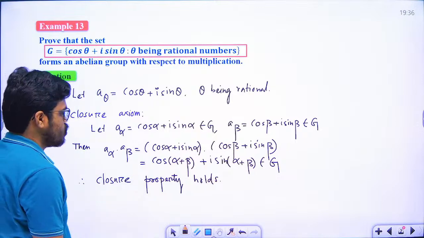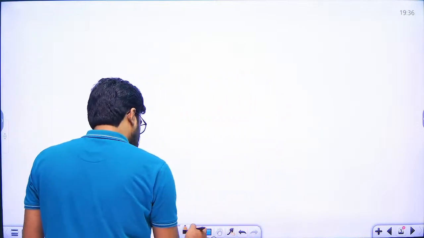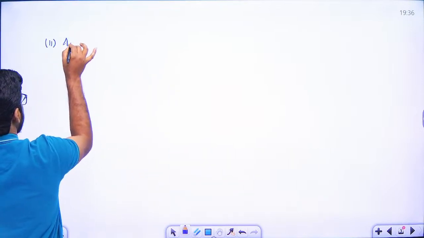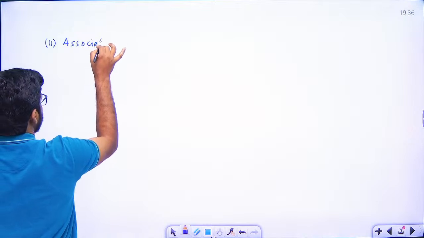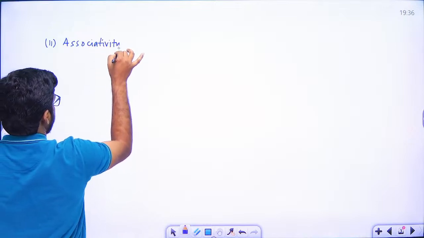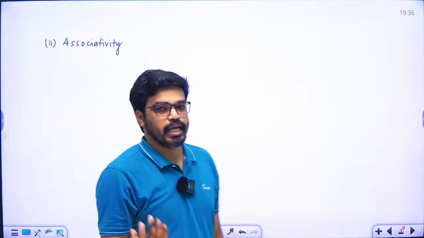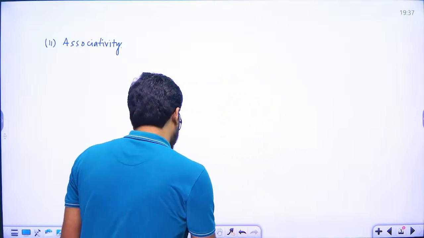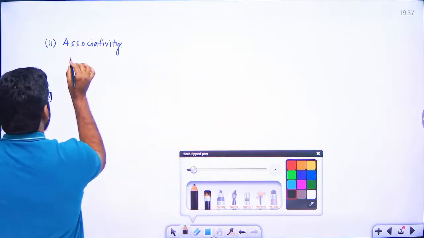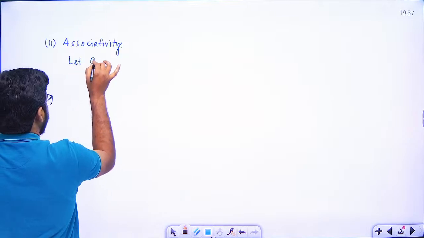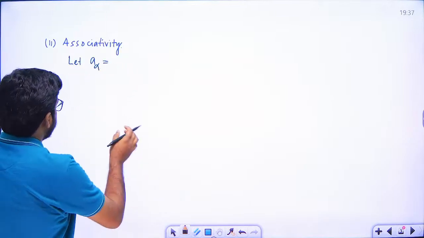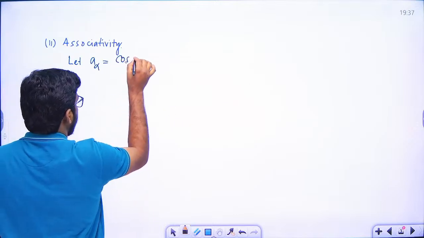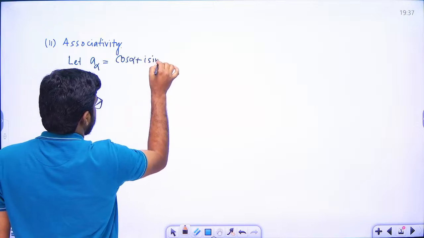Okay. So next, associativity, number 2. So we consider three elements, right? a alpha, a beta, and a gamma. So let a alpha be cos alpha plus i sin alpha.